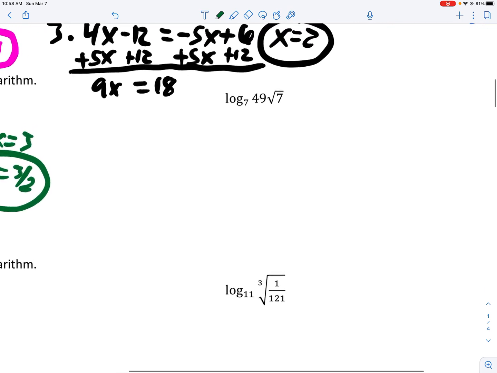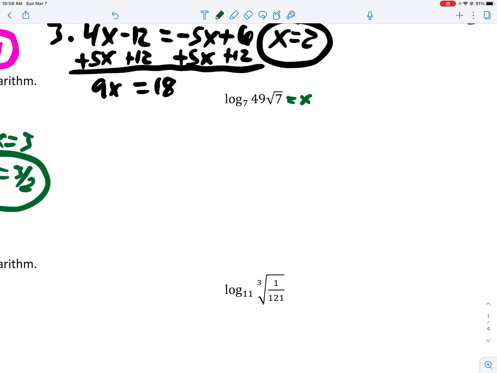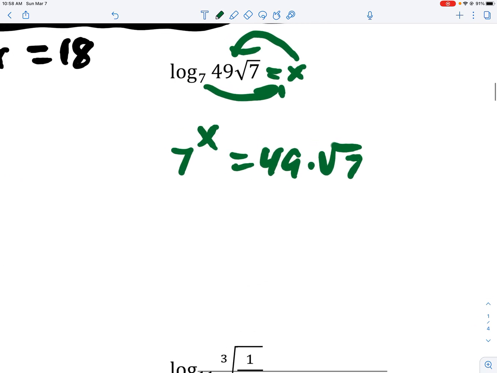Okay, next one. So we'll set this equal to x. So 7 to what power is going to give you 49 times root 7. Okay, so again, if we're going to solve this, we need to have the same bases. So 7 to the x, right? 49 would be 7 squared.